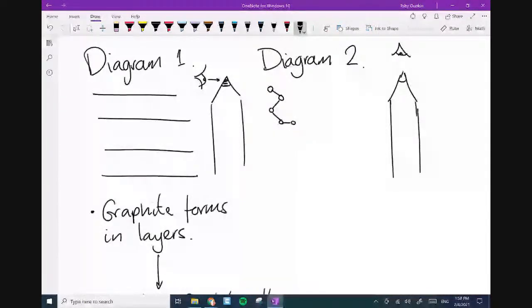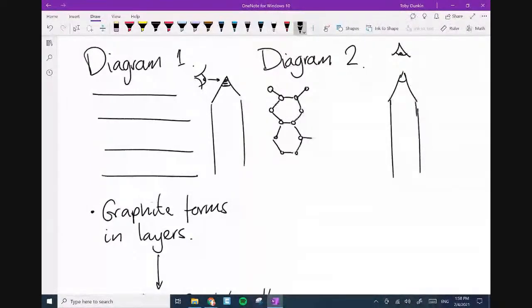Each of the spheres is a carbon atom. And we notice that graphite forms in a very distinct shape, these hexagonal, hexagon-style layers.